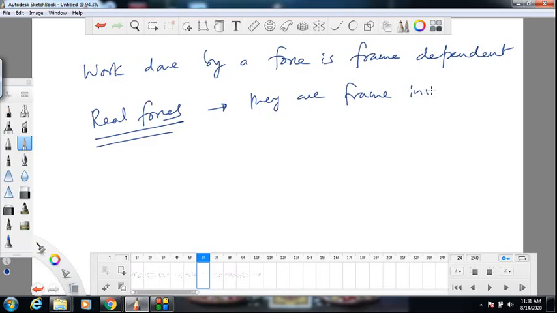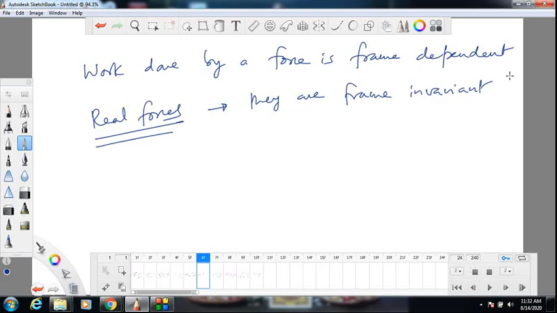Whichever frame you go, the force will act definitely. Suppose friction is there for the car observer, friction must also be there for the ground observer. Is it clear? Because as long as it is a real force, it doesn't matter which frame it is in, the force is there.